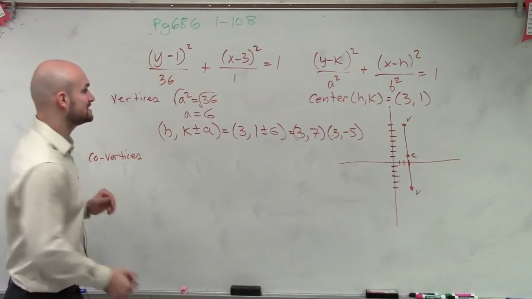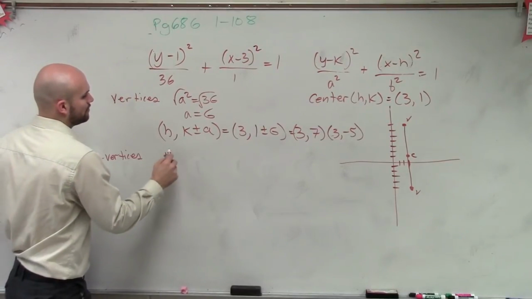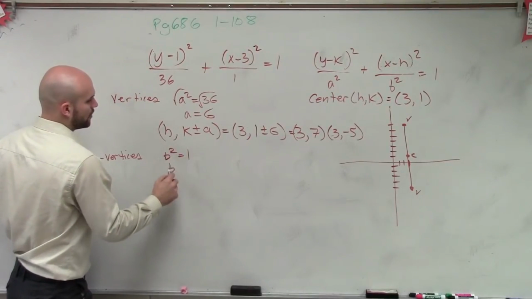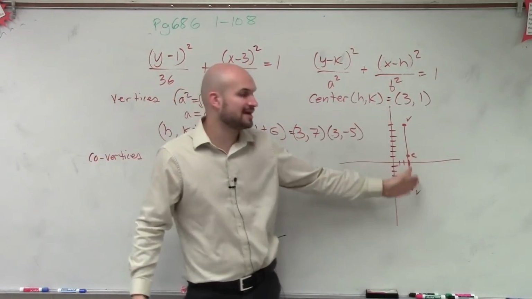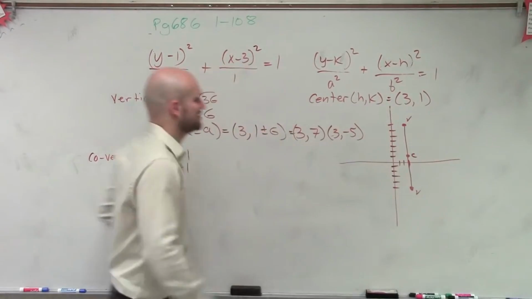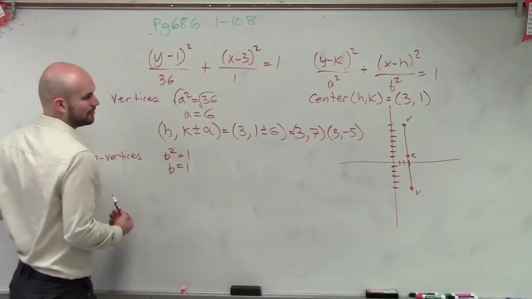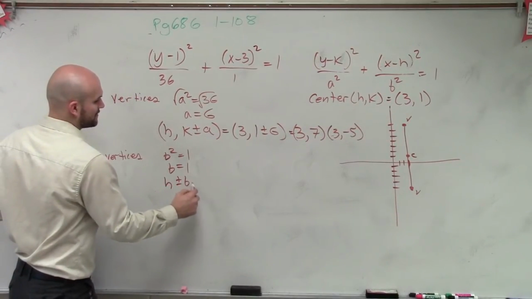So the covertices are your distance of b. We know b squared equals 1, so therefore b equals 1. Now notice, if your vertices are up and down, your covertices have to be left or right. So my covertices are going to be a little bit different: h plus or minus b, comma, k.